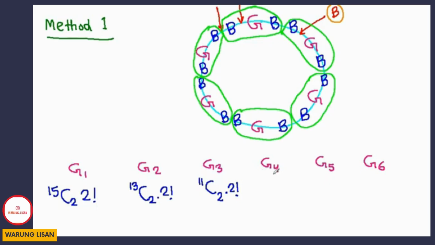And similarly for G4, it will be 9C2 into 2 factorial, and for G5, it will be 7C2 into 2 factorial, and for G6, it will be 5C2 into 2 factorial.